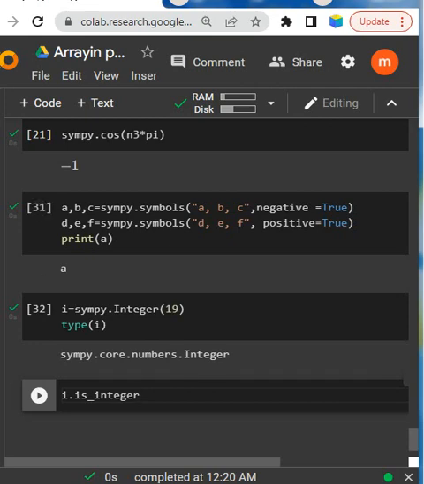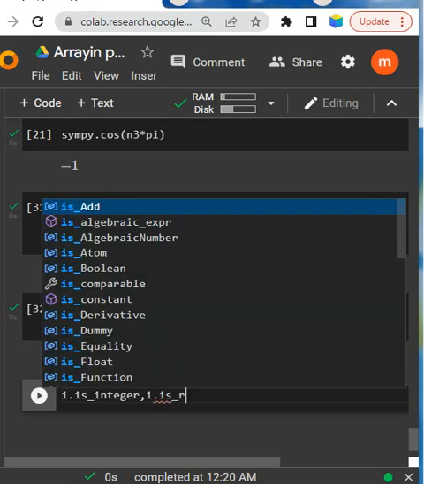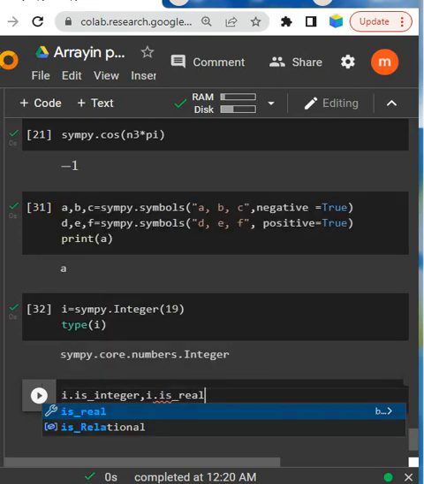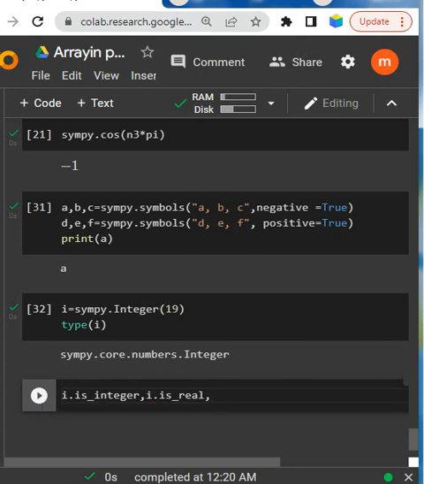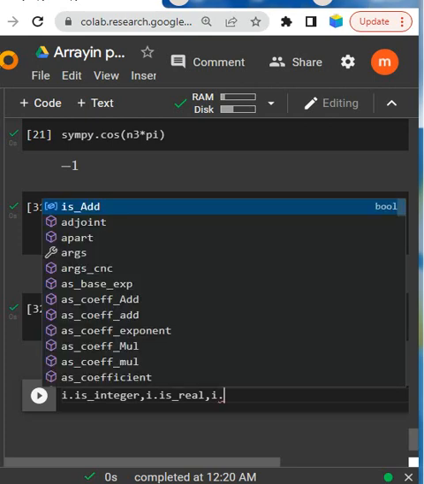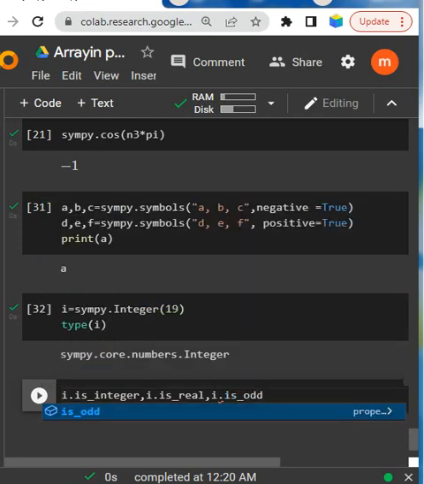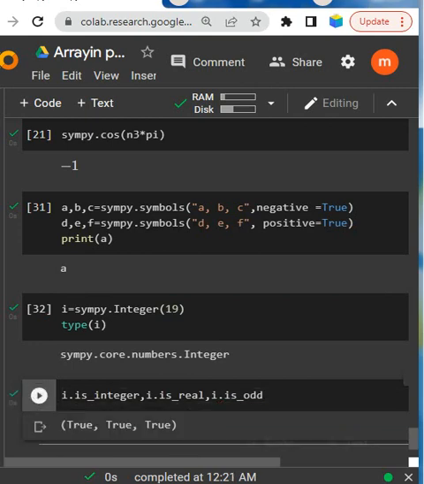Similarly, if I want to write I.is_real, you need to put a comma here, I.is_odd. So you can ask any questions, just is_odd. And now let's see a print.